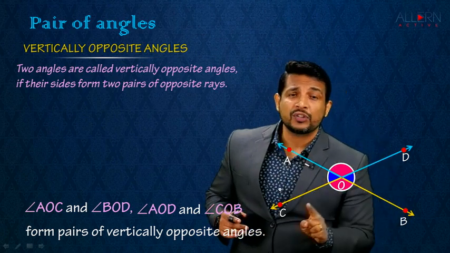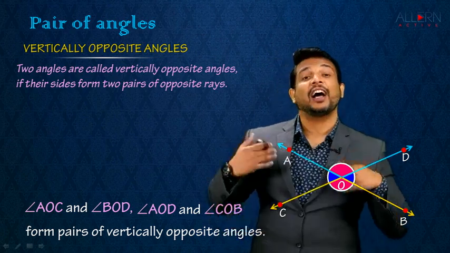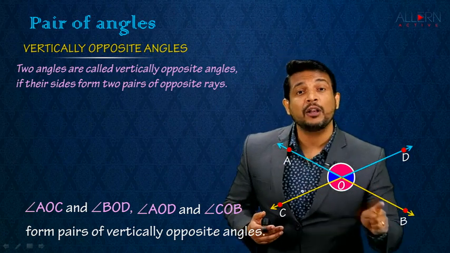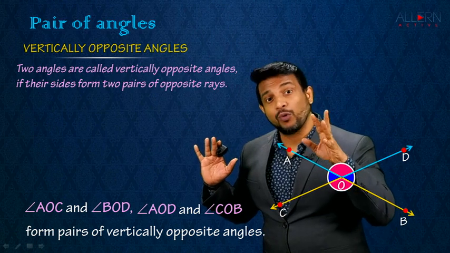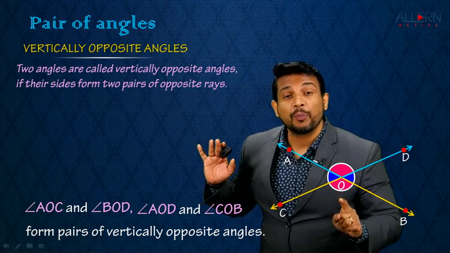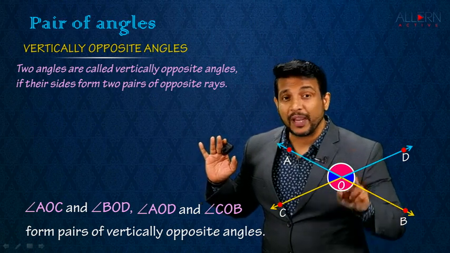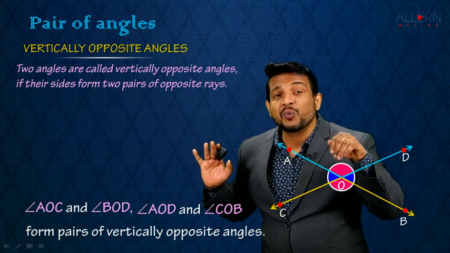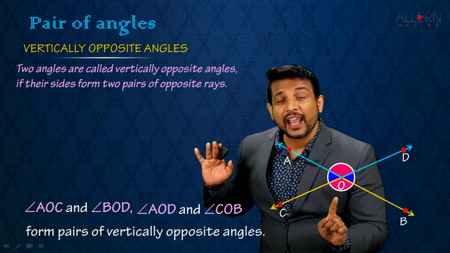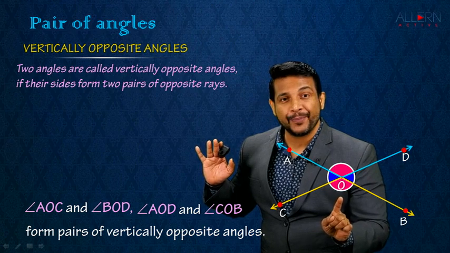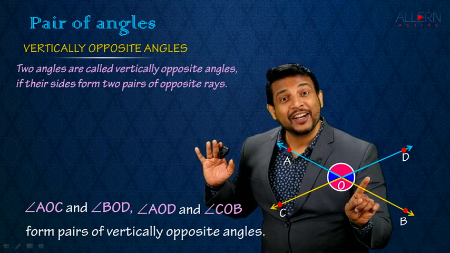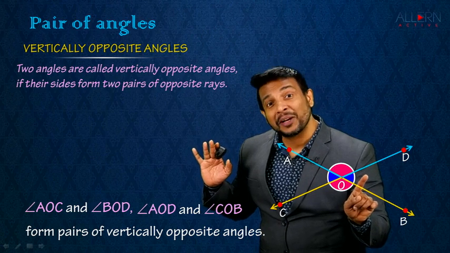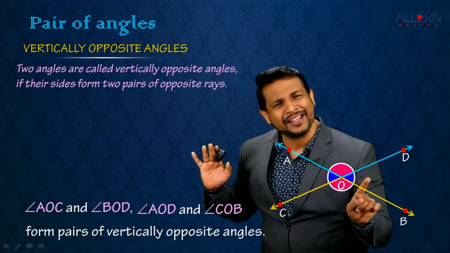One is angle AOC and BOD, the other one is angle AOD and angle BOC. And one more fact which we'll learn and prove also is that vertically opposite angles are always equal. That means if this angle is 120 degrees, then this angle BOC is also 120 degrees. And this is 60, so this also will be 60. That's the concept. That's what we learn about vertically opposite angles. Wasn't that easy? Very easy, right?